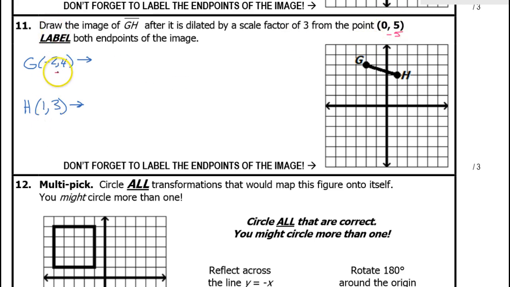So I'm going to subtract 5 from this y value, and I'm going to subtract 5 from that y value. In this way, everything will be back to sort of revolving around the origin again. So this will become -2, -1. And this point will become 1, -2.